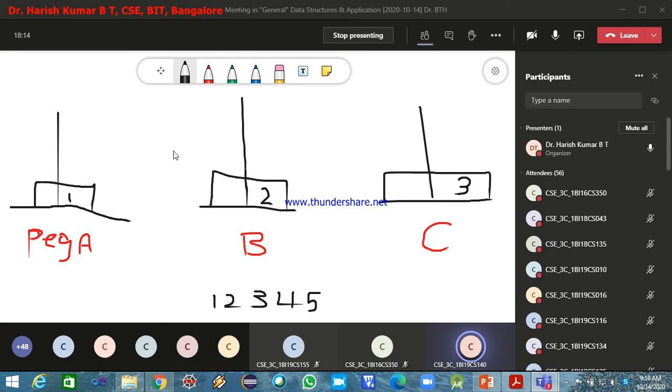Next, what I'll do? Shift 2 to C. Disk 2 from peg B to C. Okay, I'll erase it from here, and then I'll move it.